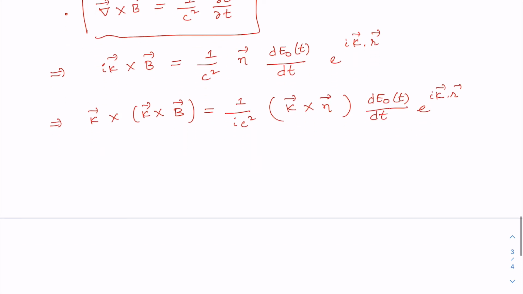Alright, now we know this rule from vector algebra.